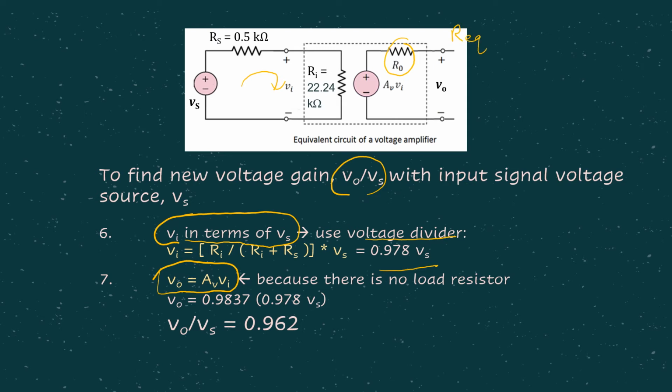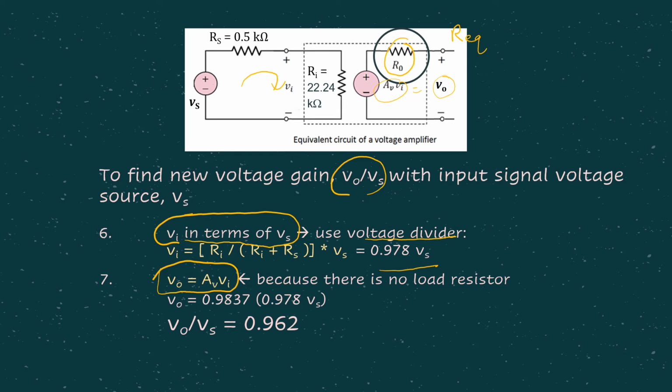It's not the output resistance representing the voltage amplifier model yet, but it does not matter for us to find it now because we don't have to do any voltage divider on the output side, because V0 is just given as AVVI because it's open circuit, right? Open circuit V0 equals AVVI here, so nothing to do with the R0 value.